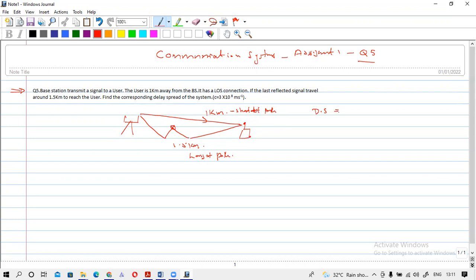Delay spread is the arrival time of the last signal component, multipath component, minus the arrival of the first component. So this is the delay spread. You already know that. So we can find it.